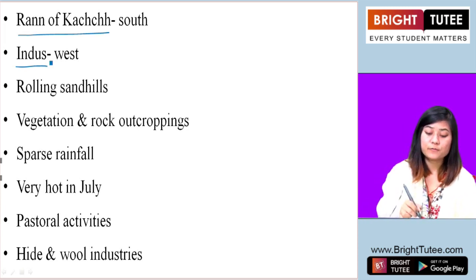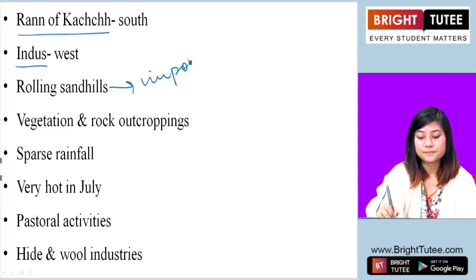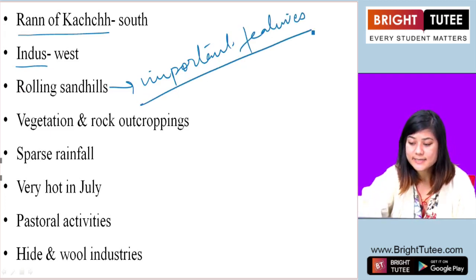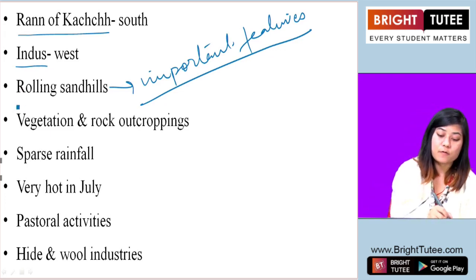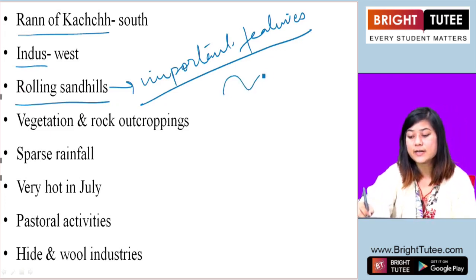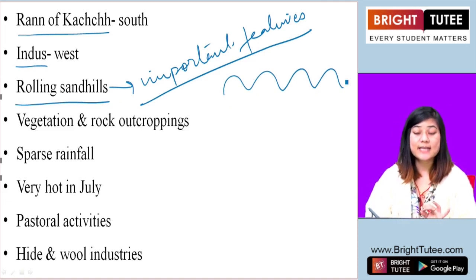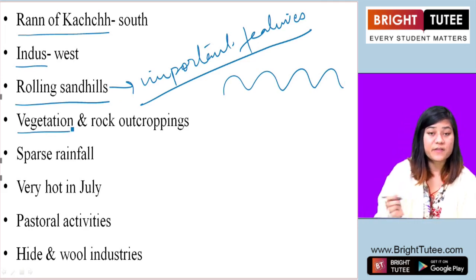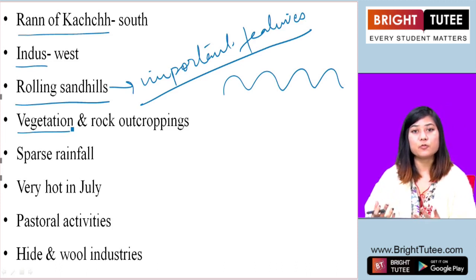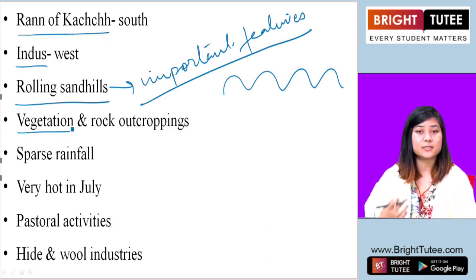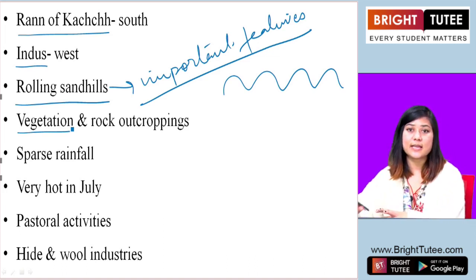Okay. Now one of the important features of the Thar Desert is the existence of rolling sand hills. So there are sand hills, they are called rolling sand hills. That is one of the important characteristics. And the next one is that of the vegetation. Of course, we know deserts are very dry and arid. Right, they are not fertile. Crop cultivation is not easy like in the plains of North India.